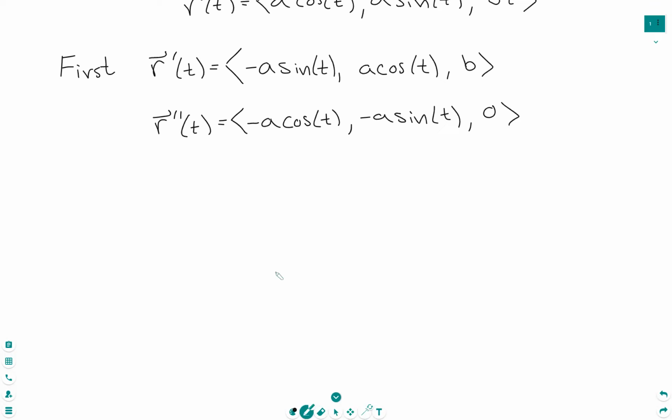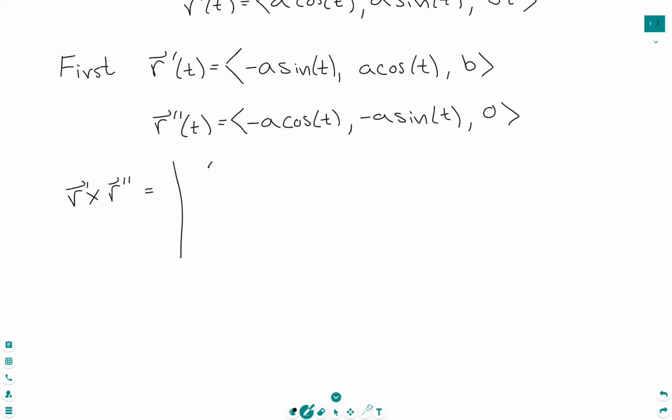So we're going to need the cross product of these two. So r prime crossed with r double prime is equal to, we're writing it as our little determinant here.